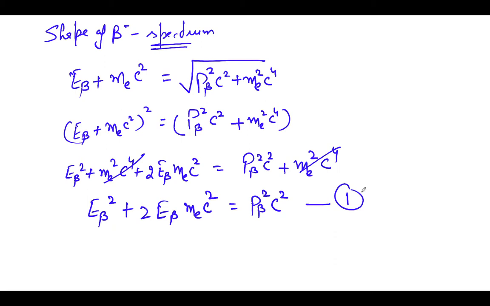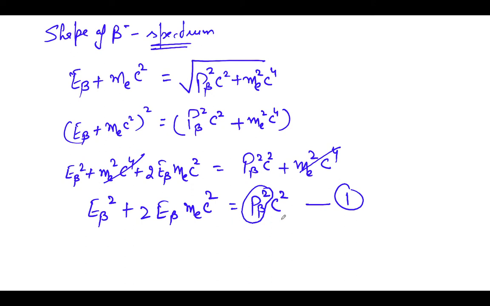So our basic purpose is to find out the value of p_β, and then we will put this p_β value in the transition probability term.